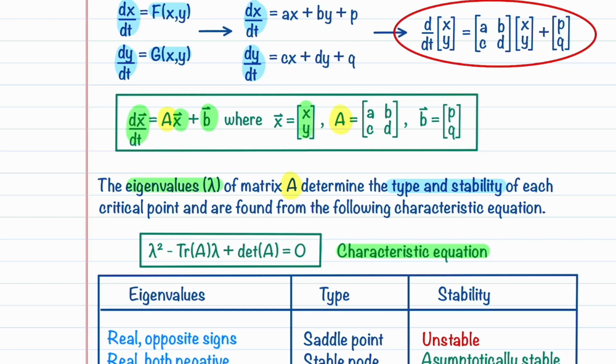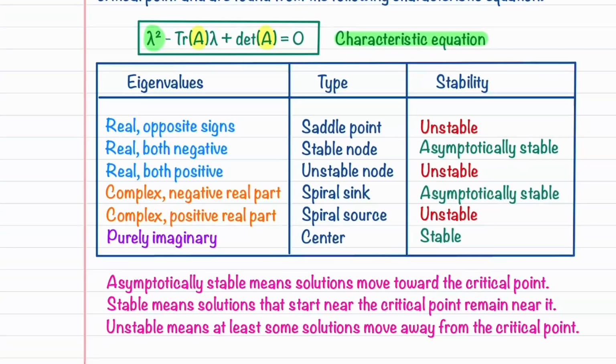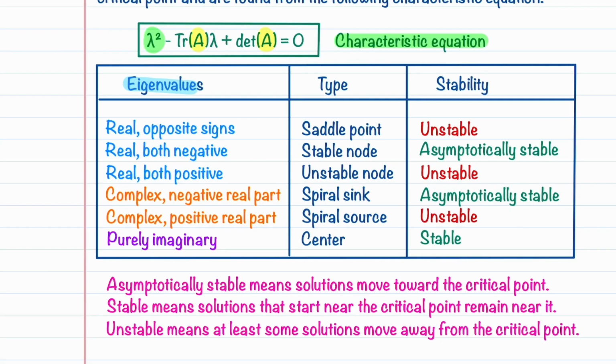This equation is lambda squared minus the trace of our matrix A, that's just where you take the main diagonal elements and add them, times lambda, plus the determinant of matrix A. And then you set all of that equal to 0. Solving this equation for lambda, the eigenvalues, tells you everything about the critical point, its type, and its stability.